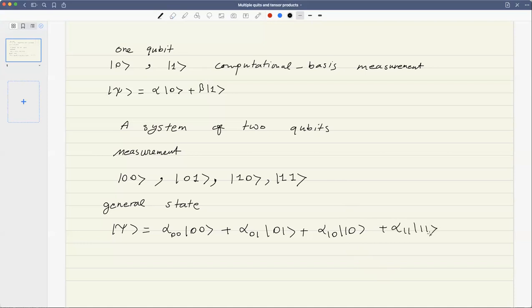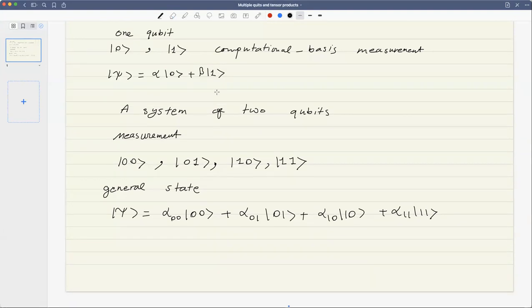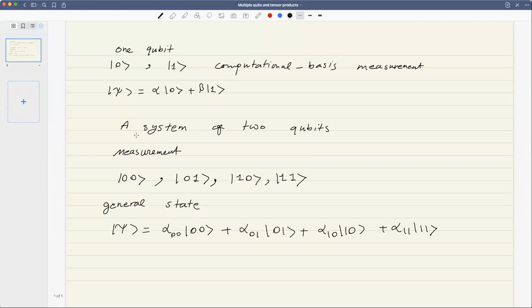Okay, so that's the most general state that a system of 2 qubits can have. It's a direct generalization of the superposition principle. So that was 1 qubit, that's 2.